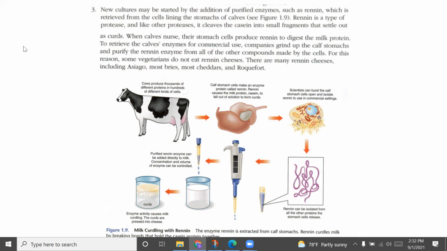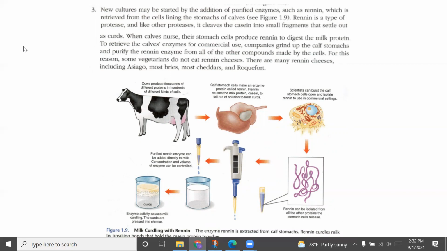Number 3, new cultures may be started by the addition of purified enzymes. So basically, before the bacteria eat the sugar in the milk and create these enzymes, instead of that, we can just get the enzyme. So we can bypass the bacteria necessity and get just the enzymes.